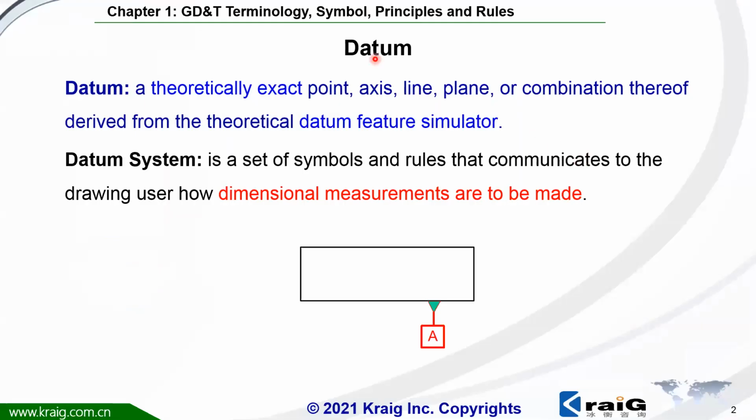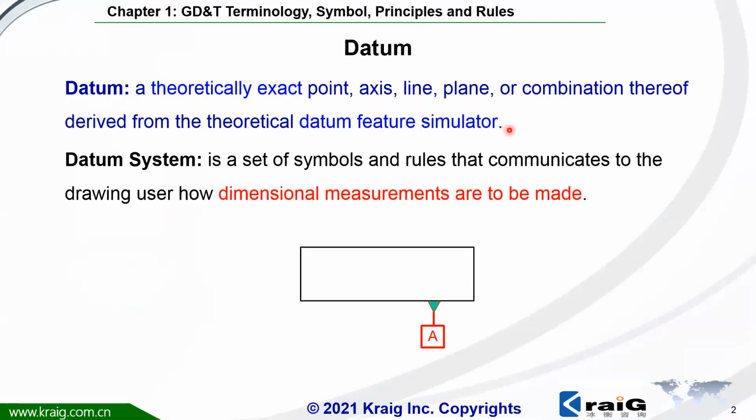What is datum? Datum is a theoretically exact point, axis, line, plane, or combination which can be derived from theoretical datum feature simulator. So we can see here, there are two terms, datum and datum feature simulator.